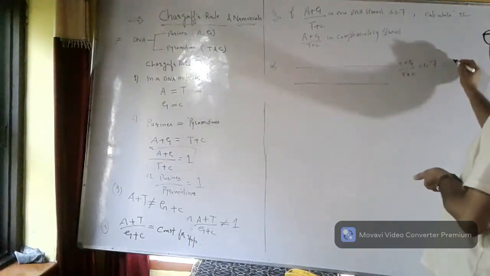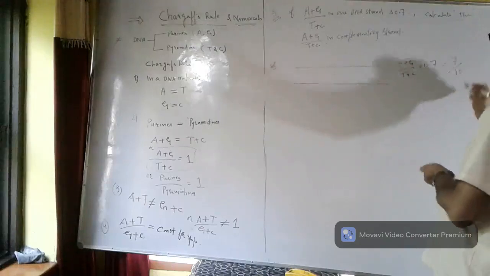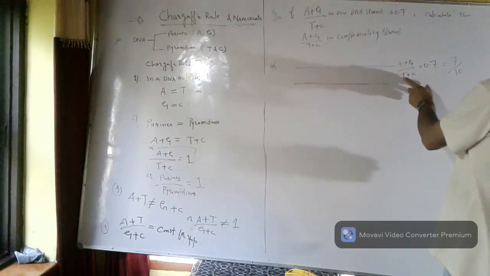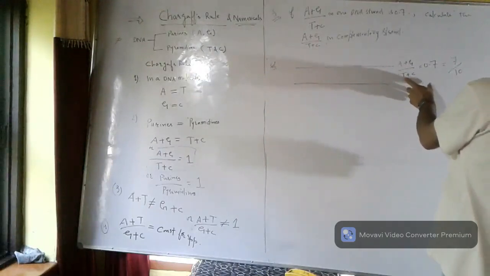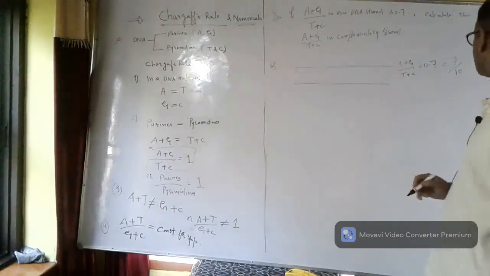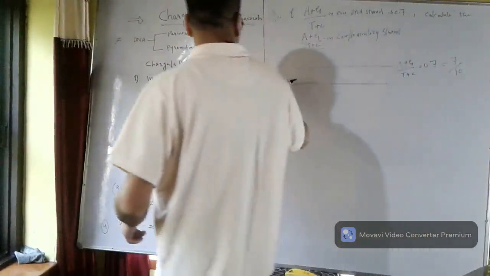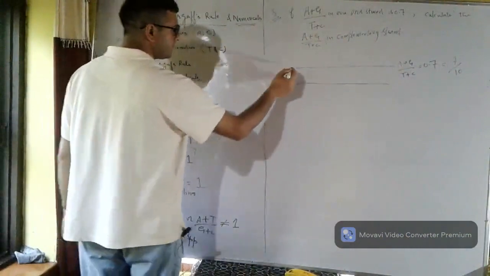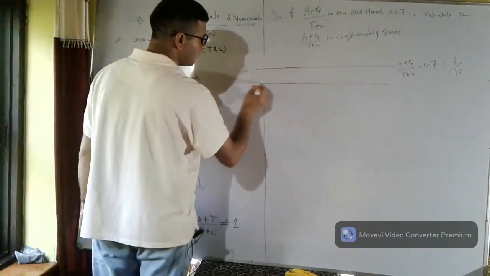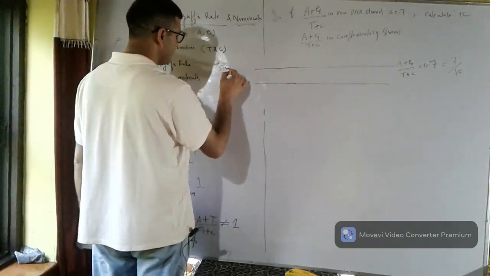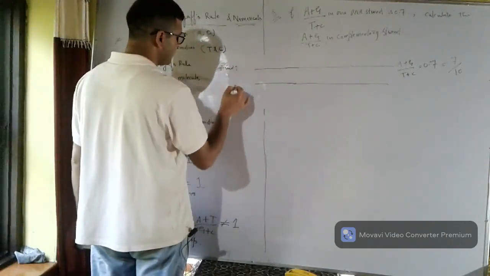That means we have 7 by 10. There are 7 adenine and guanine bases and 10 thymine and cytosine bases. The total bases are 17. This is the first strand and this is the second strand.